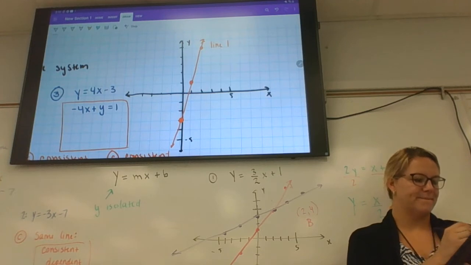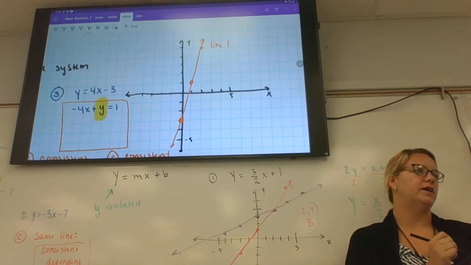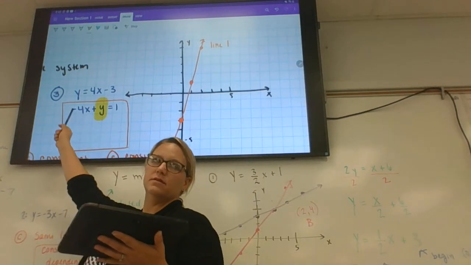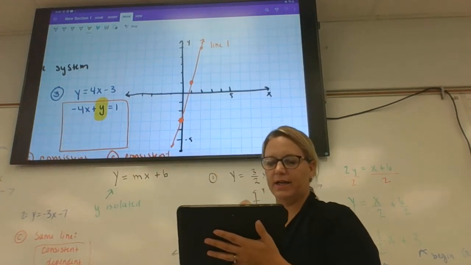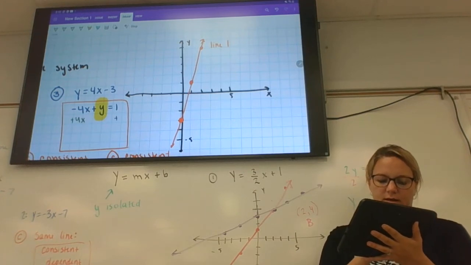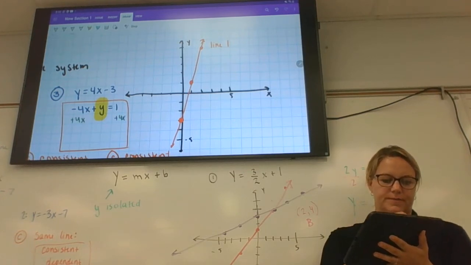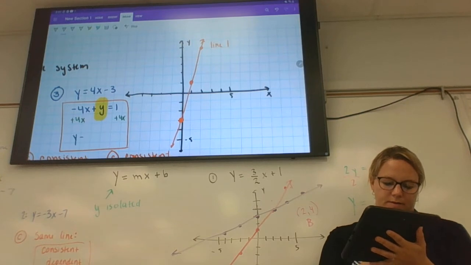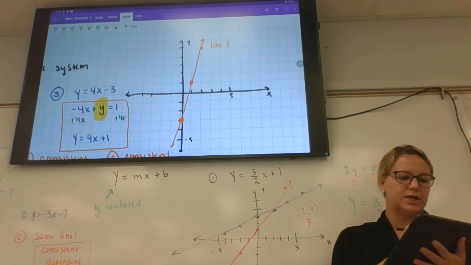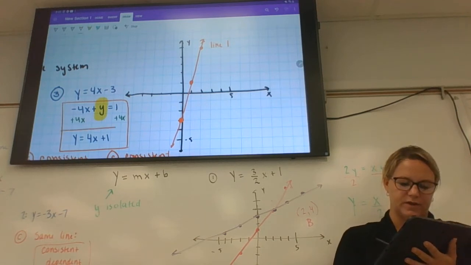I don't really know that. Here's 4x. What's over there next to y? Negative 4x. Oh, you would add 4x to both sides. It's negative, so you add it. So I'm gonna plus 4x and I'm gonna plus 4x. Alright, so the actual equation that we're graphing for line 2 is 4x plus 1.